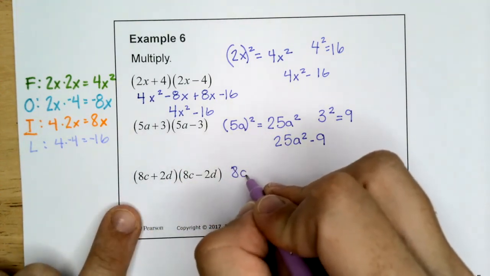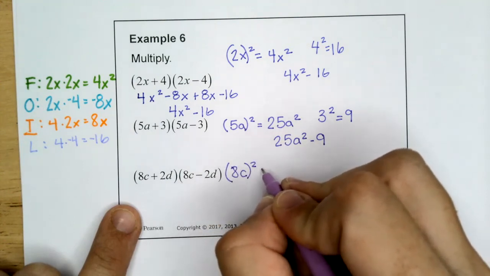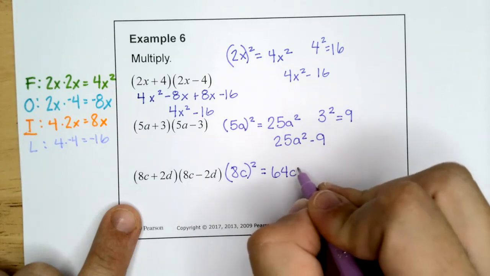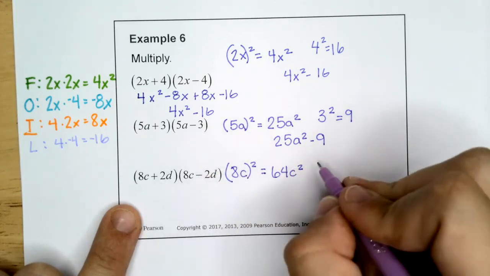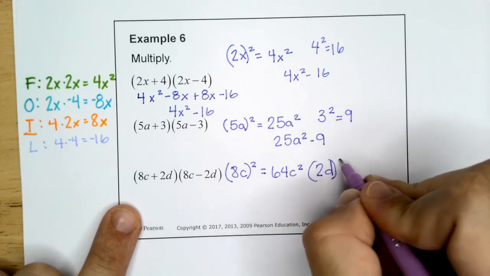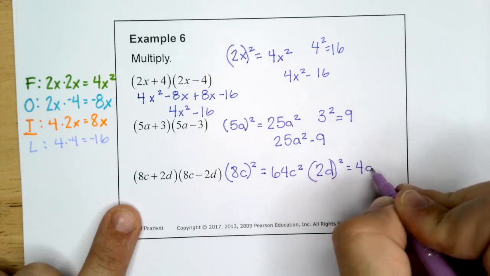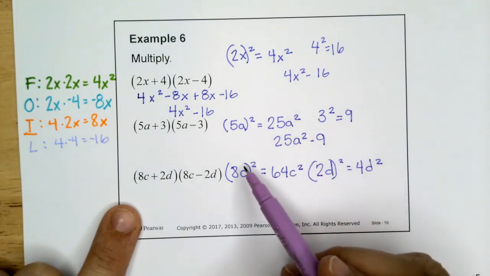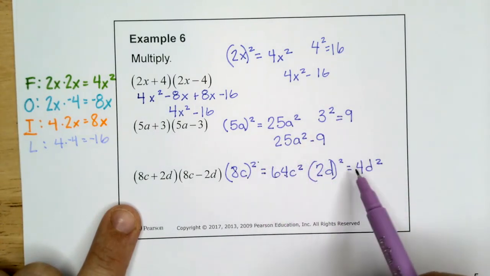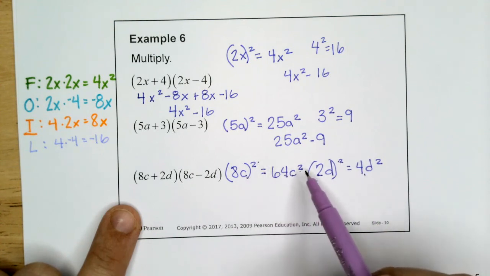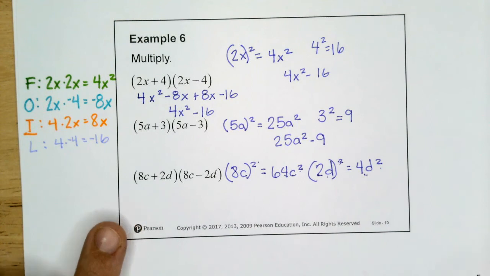8c squared is 64c squared. 2d squared is 4d squared, right? If we square 8, we get 64. If we square 2, we get 4. If we square c, we get c squared. If we square d, we get d squared.